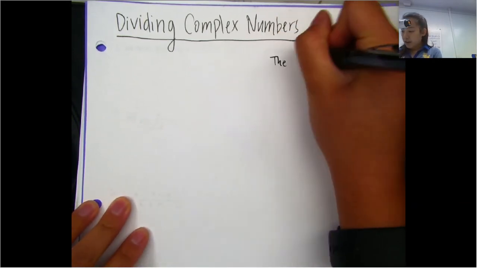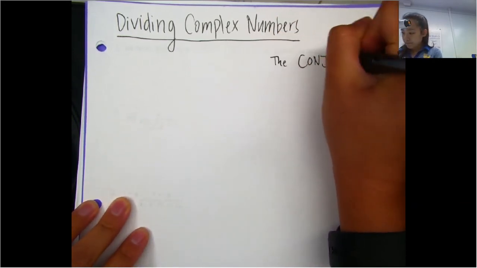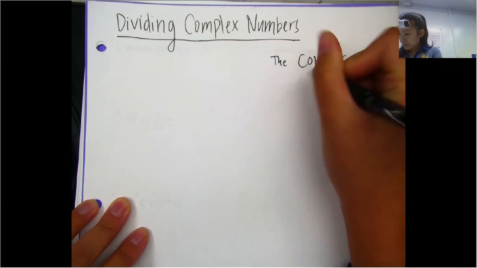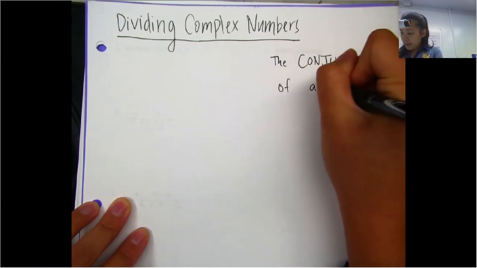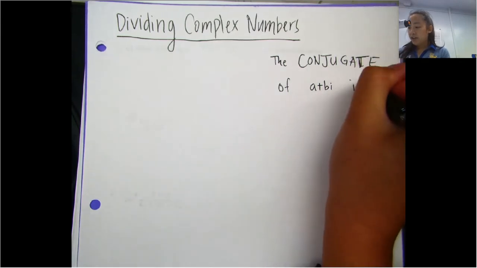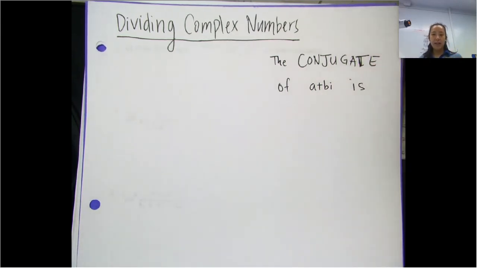So the conjugate of a plus bi. So you know that complex numbers come in the form of a plus bi, where a is the real part and b is the imaginary part. And so the conjugate is just where you flip that sign, so from being plus to a minus, or a minus to being a plus.